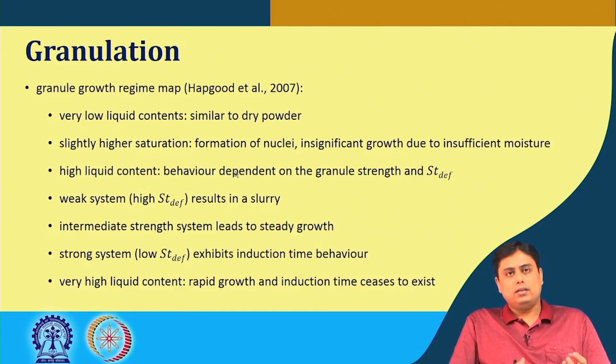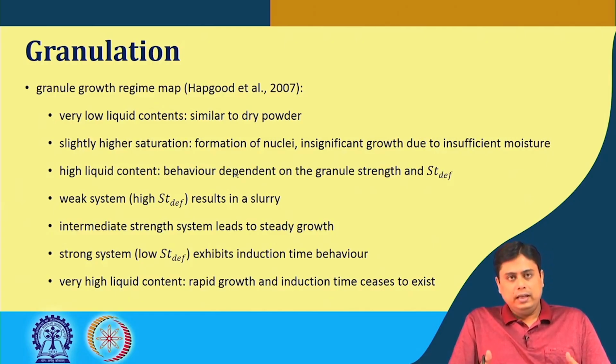So, if the solvent is very low in amount, we have whatever we started with. We increase the liquid content slightly, that means we increase it to a higher saturation, and it starts to form the nucleus. So, several granules or nuclei form, but their growth is insufficient because of the insufficient amount of liquid present.